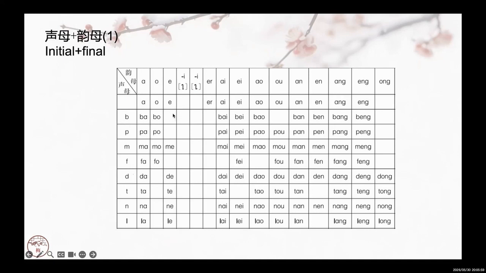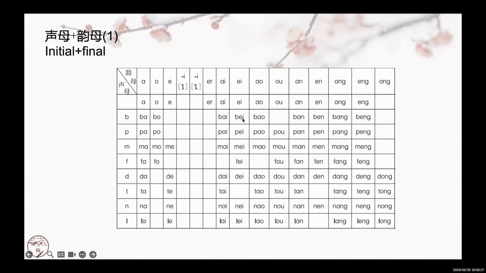Because in Chinese we don't have such a syllable. We don't have the syllable that has b and e together. We don't have such a Chinese character. That's why it's blank. It's the same for the others. But b, i, bi, we have characters.